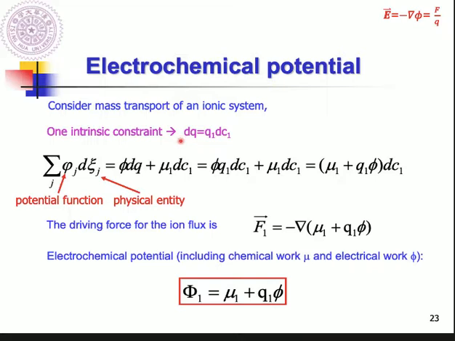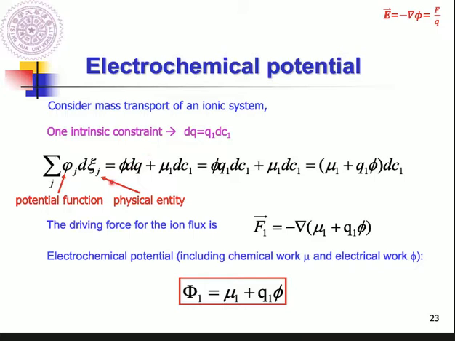During this mass transport, the change of the charge dq can be expressed as q1 times dc1. q1 is the charge carried on these diffusing ions, and dc1 is the change of the concentration of these diffusing ions. So we need to sum all the potential energy acting on these interstitial positive ions.